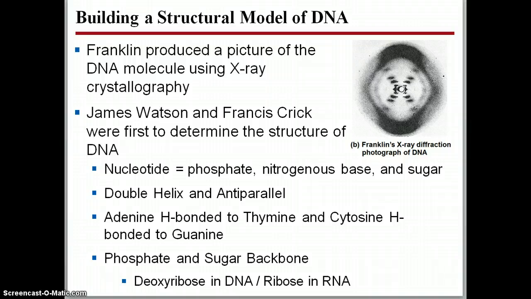They found that adenine was hydrogen bonded to thymine and cytosine was hydrogen bonded to guanine. They also discovered that there was a phosphate and sugar backbone, so deoxyribose in the DNA and ribose in RNA. And this phosphate and sugar backbone supported the nitrogenous bases that were on the interior of the molecule.